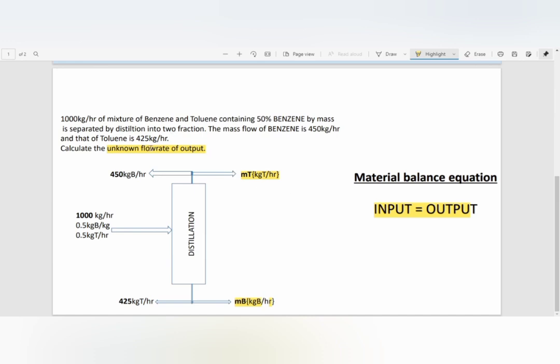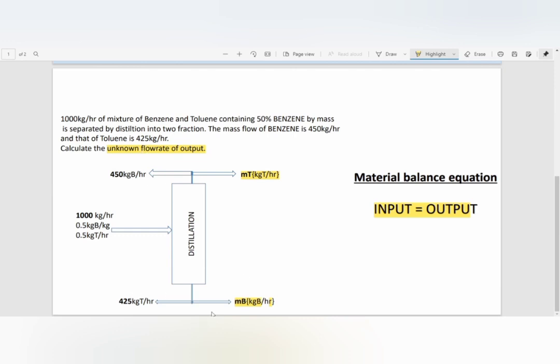At the top, the benzene flow rate is given, so we will find the toluene mass flow rate. For the bottom, we will find the benzene mass flow rate, because the toluene flow rate at the bottom is given as 4 to 5 kg toluene per hour.